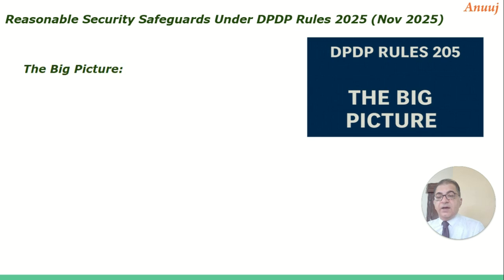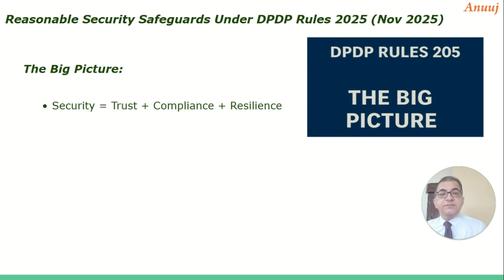And finally, the overall big picture says security is what helps you form the trust, meet compliance requirements, and keep your data resilient. And the repetition of the same thing, trust, the most important business factor, trust. People are sharing their personal information.